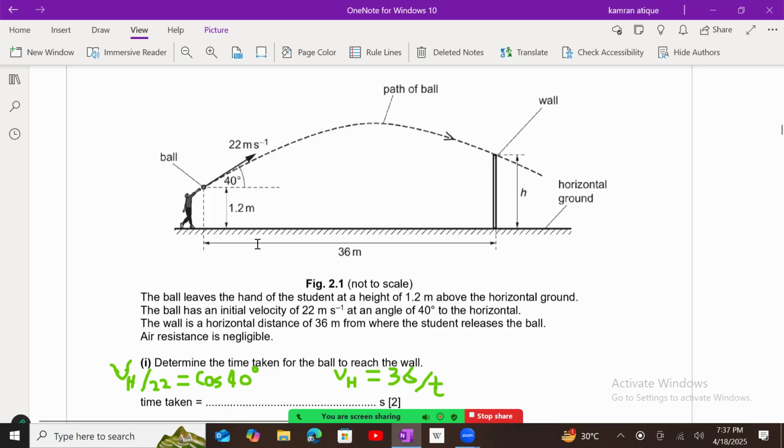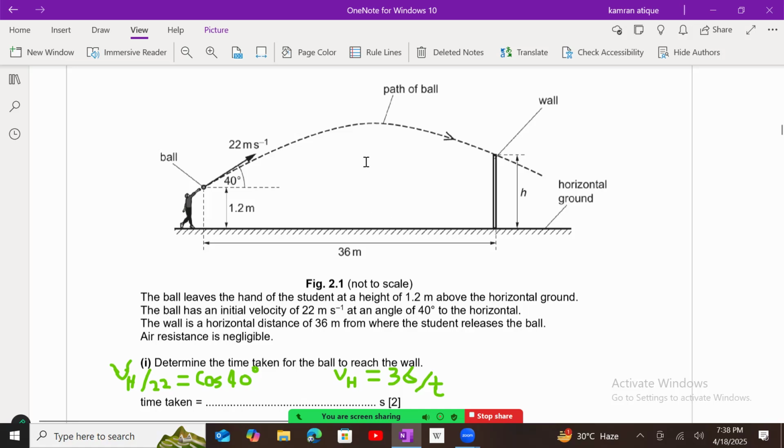As you can see, there is a horizontal displacement of 36 meters between the student's hand from where the ball was released and the wall. Air resistance is negligible. Determine the time taken for the ball to reach the wall. How much time is being taken by the ball to reach the wall?